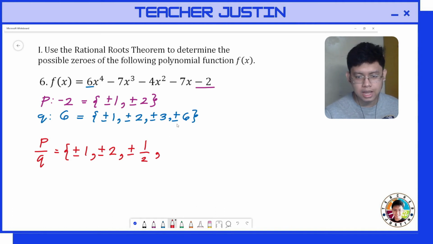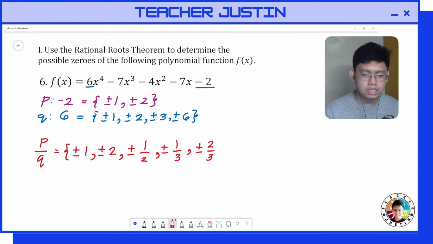Next, let's divide the factors of p by 3. So, 1 divided by 3 will give us ±1/3. And 2 divided by 3 is going to be ±2/3. And last one, let's divide our factors of p by ±6.